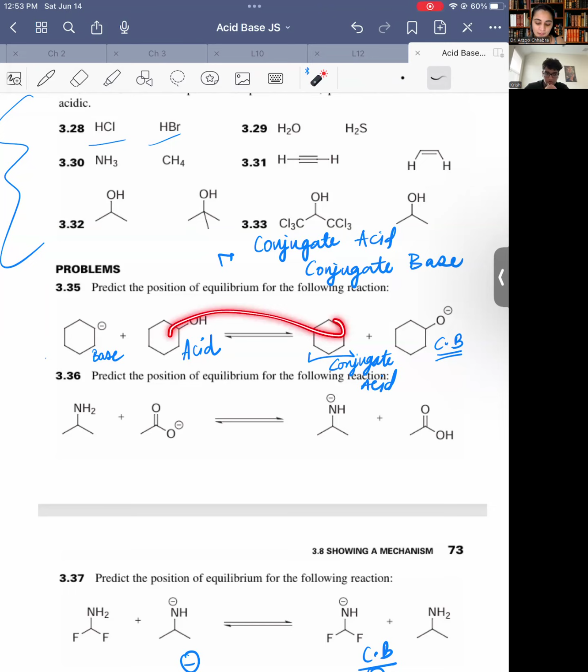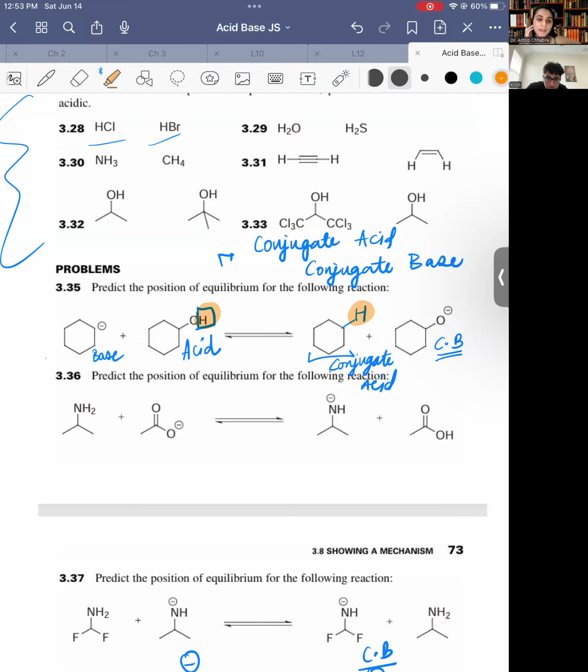So when you go from here to here, are we forming a weak acid or a strong acid? Effectively we're comparing these two hydrogens, this hydrogen and that hydrogen. Which one is more acidic? The one on the left? Yeah, exactly. The one on the right is weakly acidic, right?